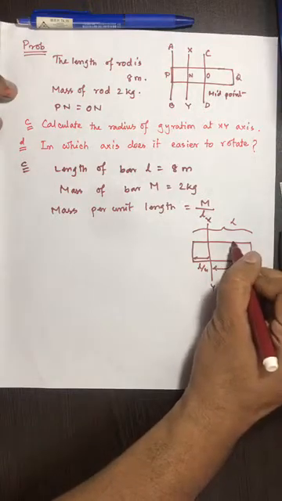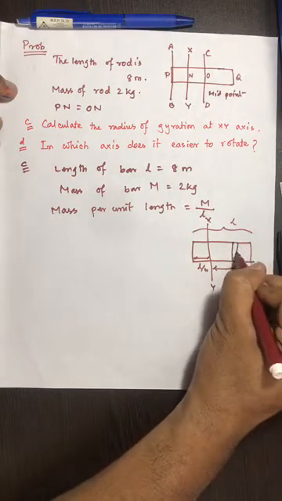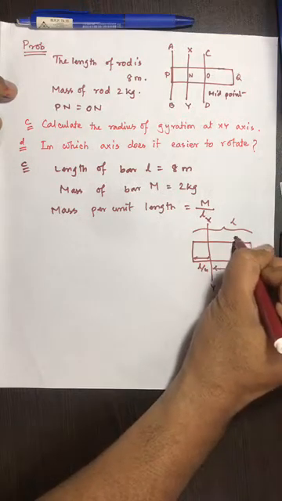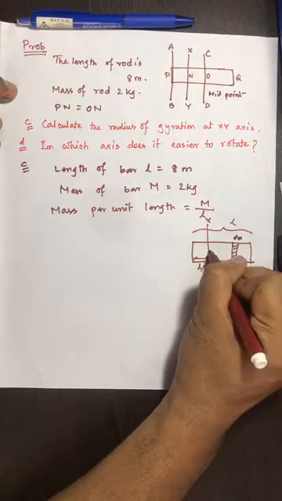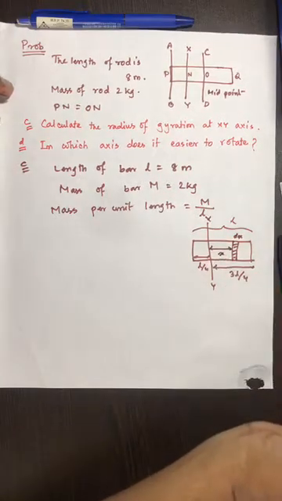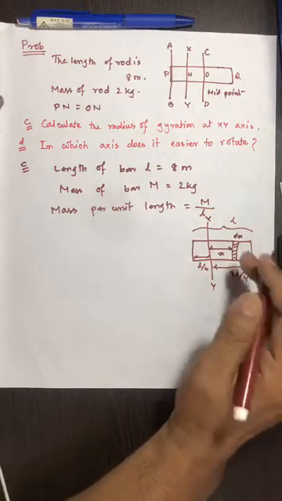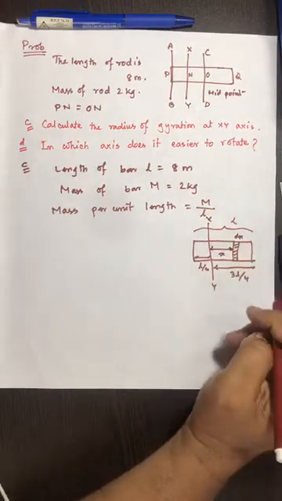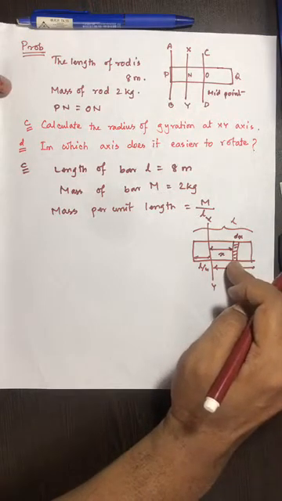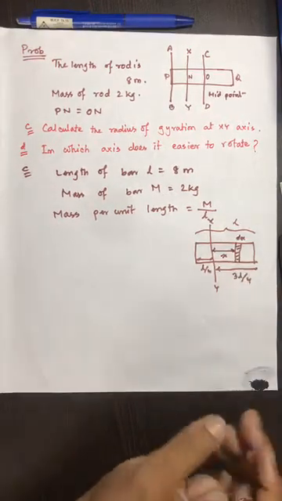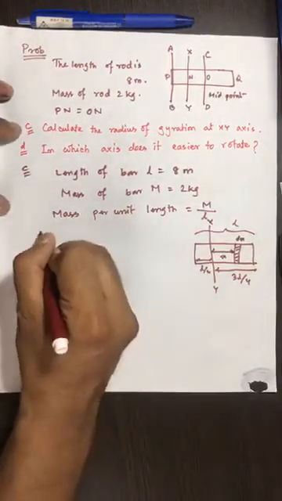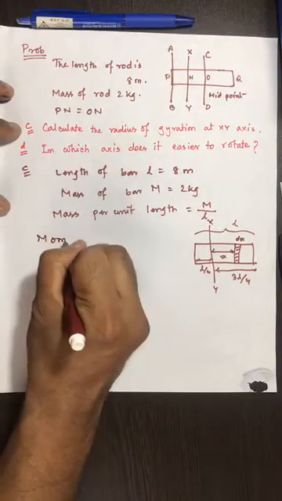So integration always works with little slices. We think of the slice thickness as dx, at distance x from the axis. In integration we always need a slice of something, because integration measures a little slice and then the whole thing. Then we write down the moment of inertia.